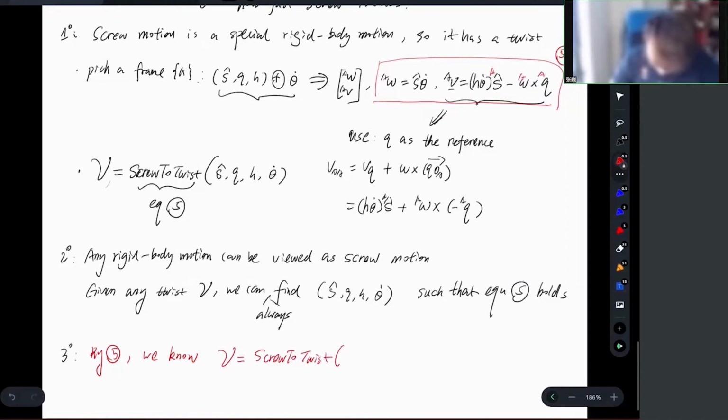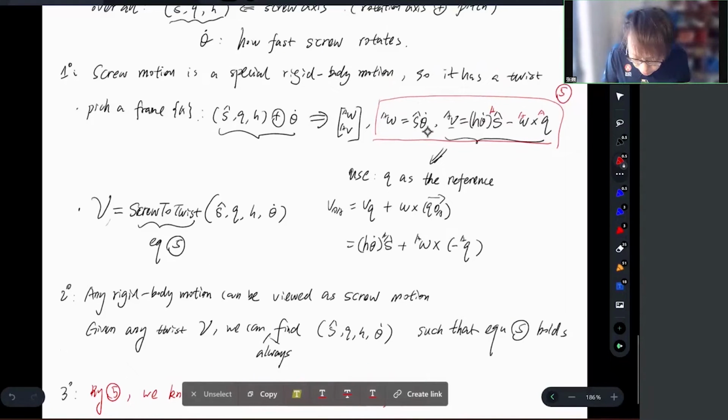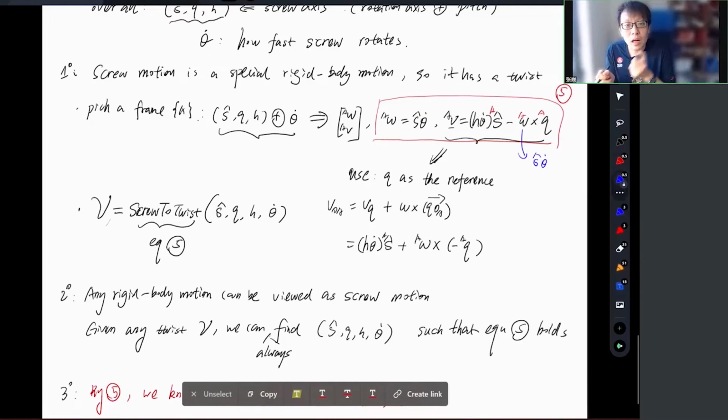That's a function of S hat, Q, H, with unit speed, times theta dot. In other words, the expression here, both omega and the velocity, is linear in theta dot. To see this more clearly, we also need to point out that this is S hat times theta dot. You can factor out that theta dot.